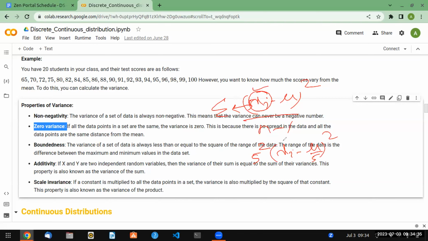That means this part is multiplied with 5, so the variance will be the square of that constant. This is called scale invariance. So these are the properties of variance.